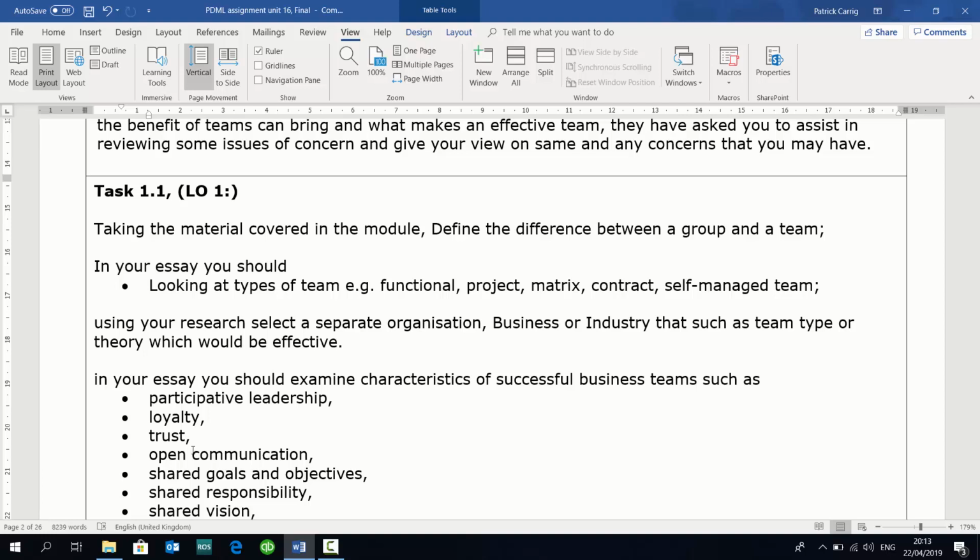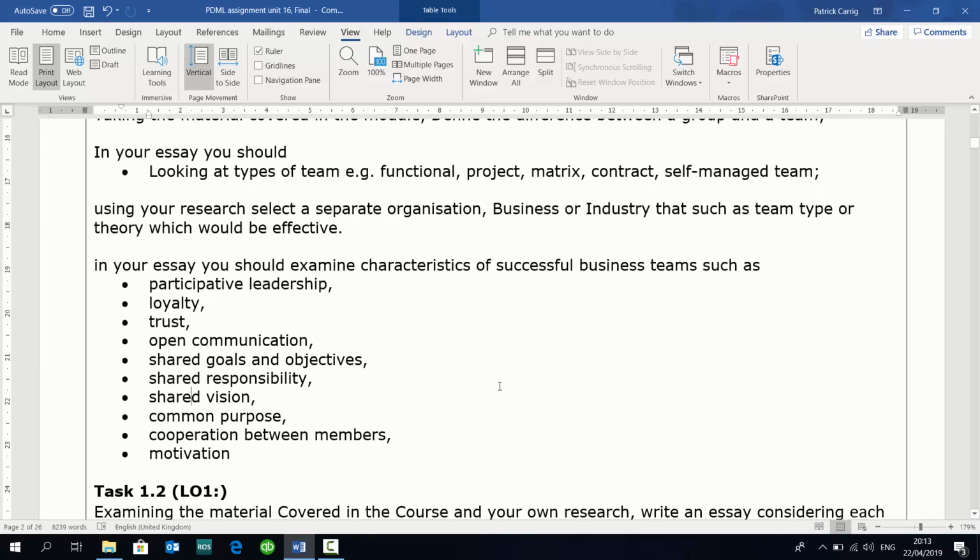Teams have this open communication, this participation, this loyalty, because of this trust. It's very important that all of this exists.